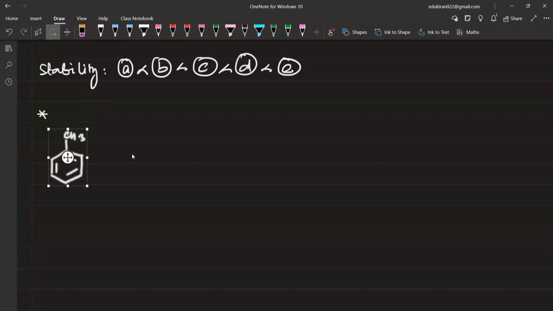See here, guys. Here also you have carbon with 3 hydrogens. As you can see, this is the sp2 carbon. This is the alpha carbon. Alpha carbon is having a hydrogen atom. According to hyperconjugation, this carbon hydrogen bond can break.